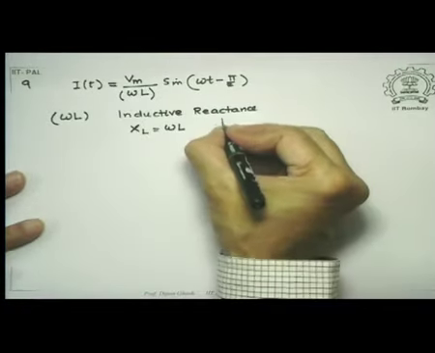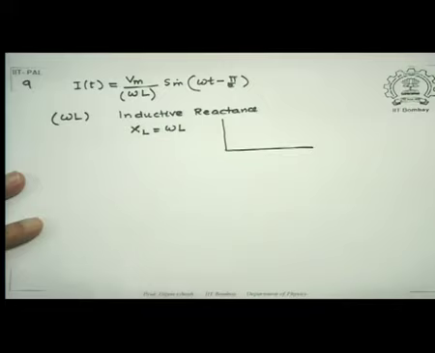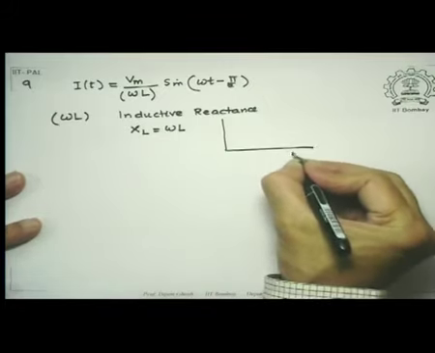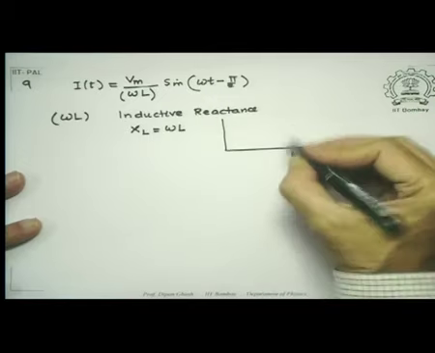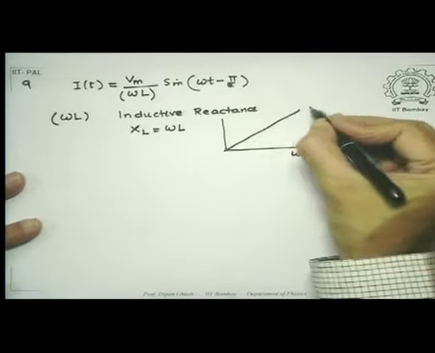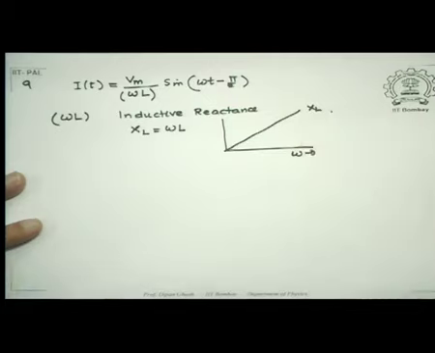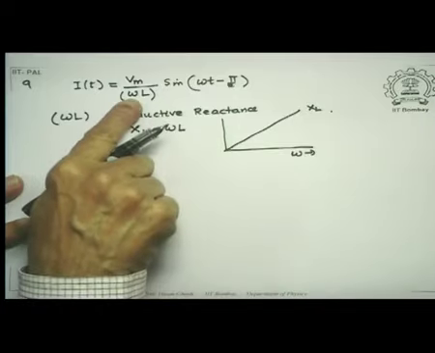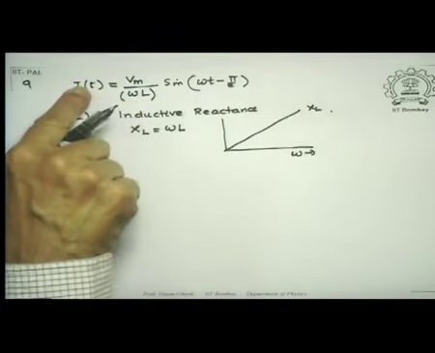So basically what is happening is something like this. Supposing I am plotting XL versus the frequency, then XL is linear. This is your XL variation. But as the frequency increases, the current decreases.